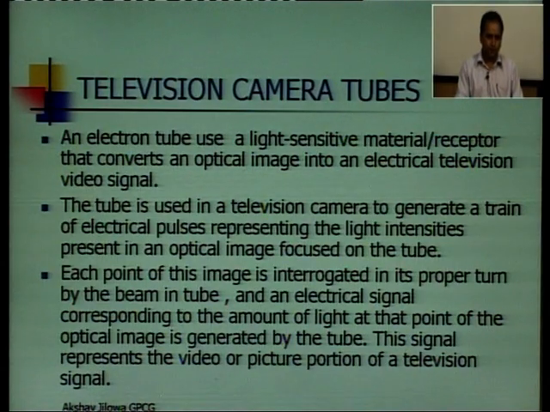Television camera tubes. An electron tube uses a light sensitive material or receptor that converts an optical image into an electrical television video signal. This is the primary function of the camera tube. The tube is used in a television camera to generate a train of electrical pulses representing the light intensities present in an optical image focused on the tube.